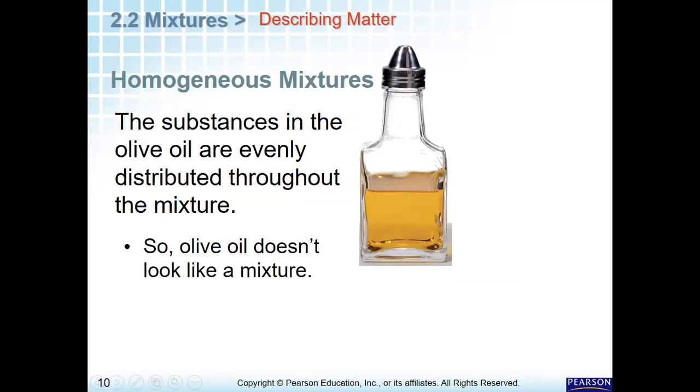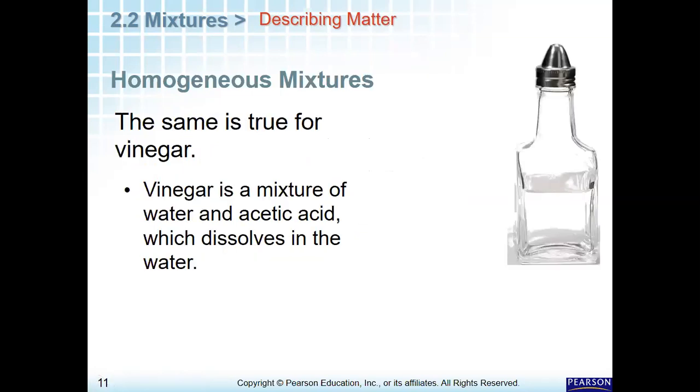So let's go to the other type, which is the homogeneous mixture. The substances in olive oil are evenly distributed throughout the mixture. You cannot even differentiate between them. So olive oil does not look like a mixture itself. Let's go further, guys. The same is true for vinegar. Vinegar is a mixture too, of water and acetic acid, which dissolves in water.